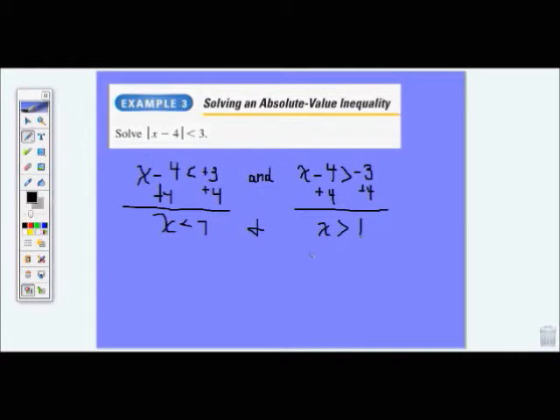All right, I want to write this because it's a compound and it's an "and." I can write this as one statement: the x was greater than 1, but the x was less than 7. Again, writing it as a compound is from the beginning of the chapter.